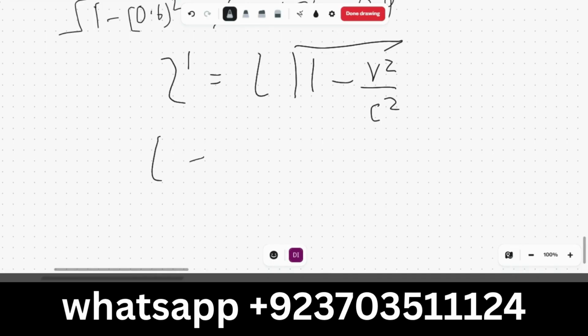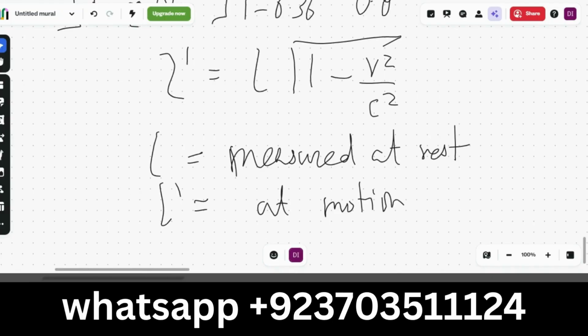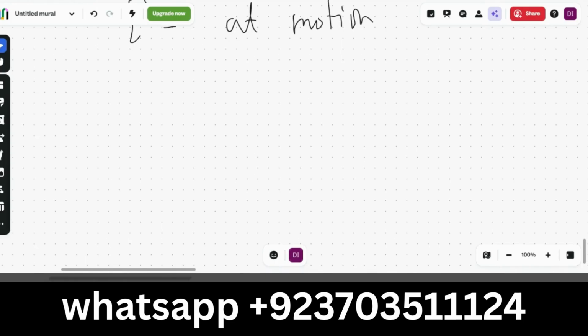L is the length measured at rest, and L dash is the length measured in motion. I will do one example for that.